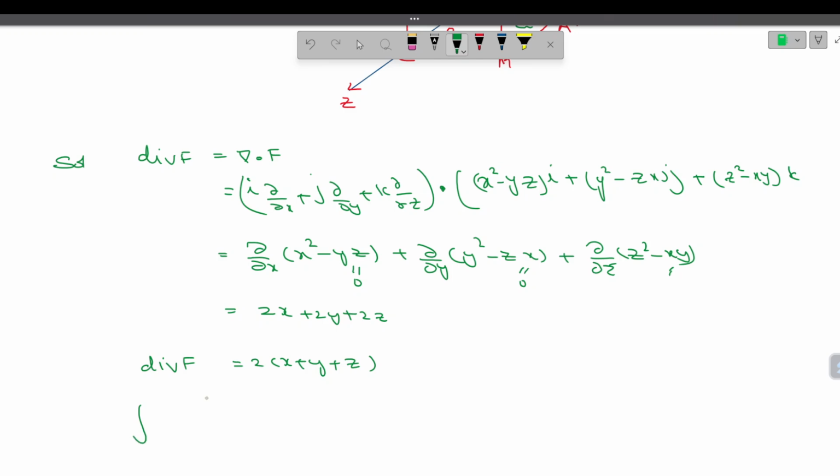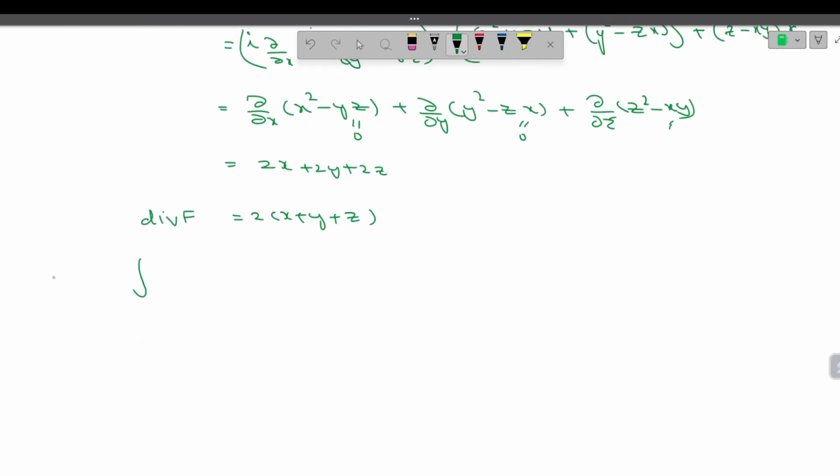So the first part of the theorem is the left-hand side. Let us say the first part: integration taken over the volume V of divergence F dV. So it is a triple integral of 2 times the constant, (x + y + z), and dV is dx dy dz.